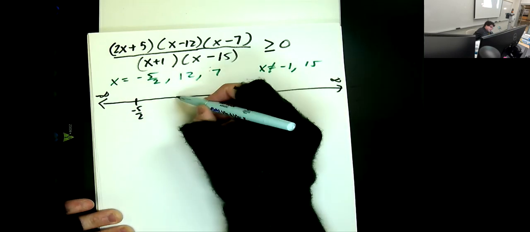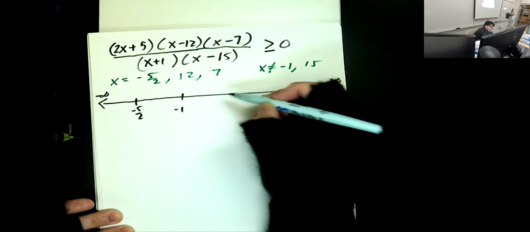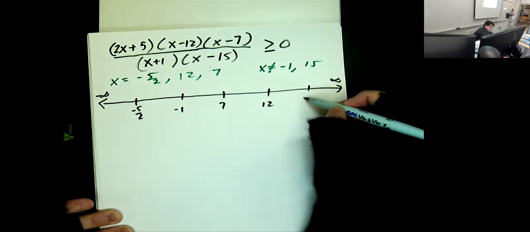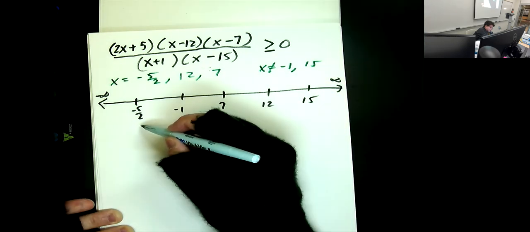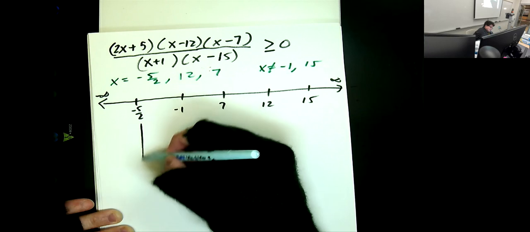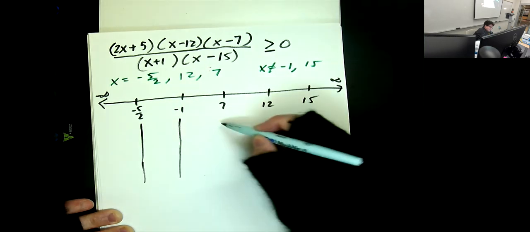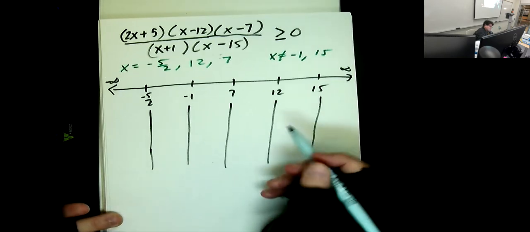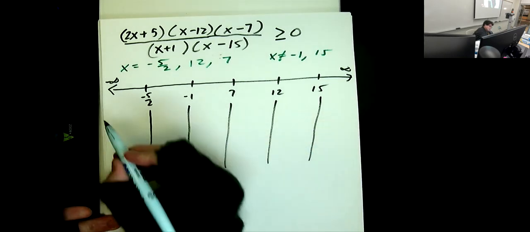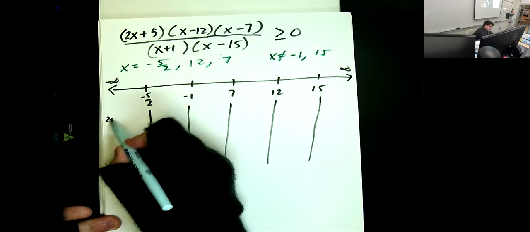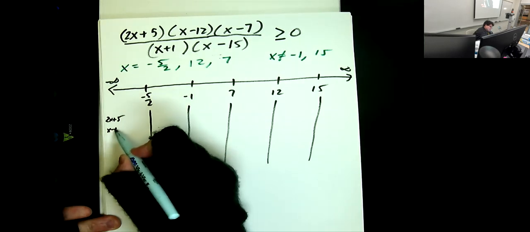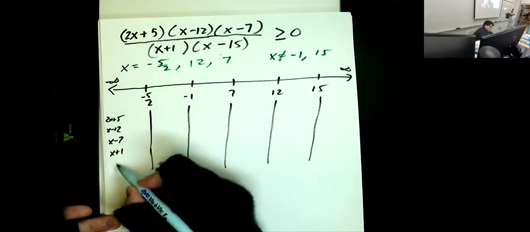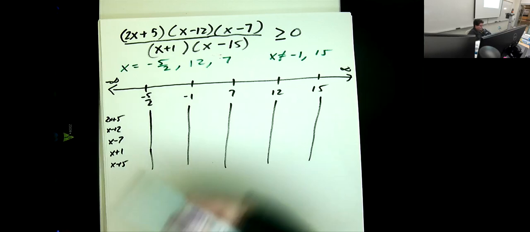And I've got -1, 7, 12, and 15. I'm going to do the 2x plus 5, the x minus 12, x minus 7, x plus 1, x minus 15, kind of in that order.